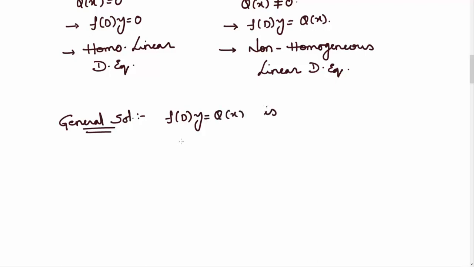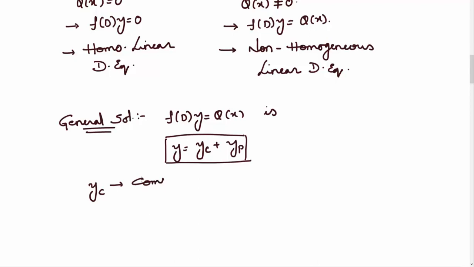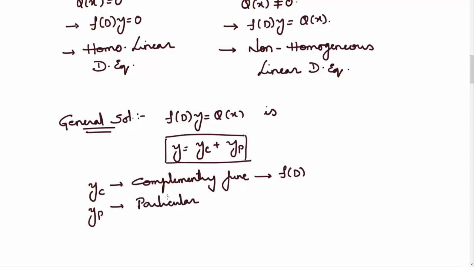It is given by y is equal to yc plus yp, where yc we call the complementary function, and this yc is obtained from f of D, and in the same way yp we call the particular integral, and this is obtained from q of x.